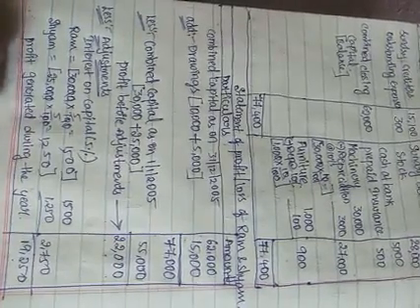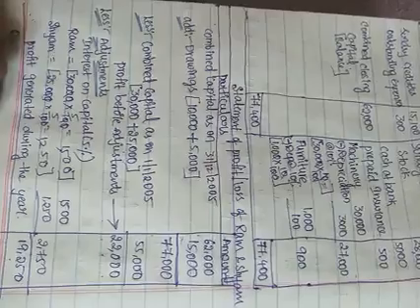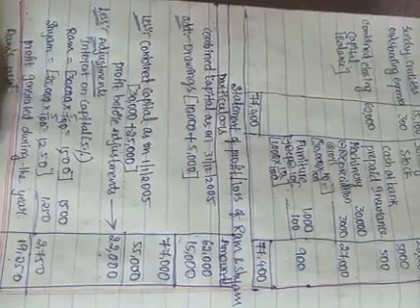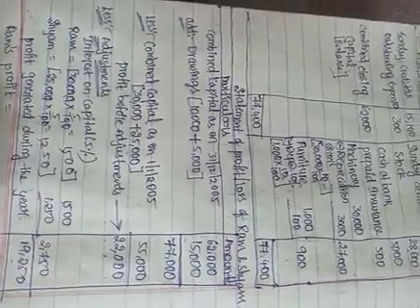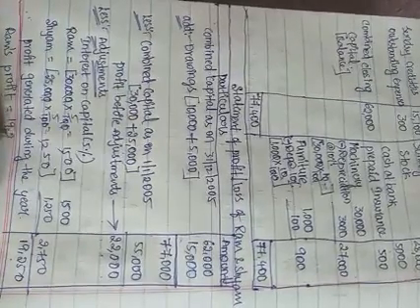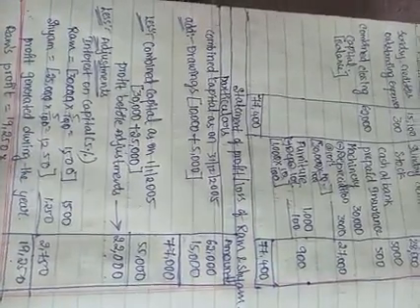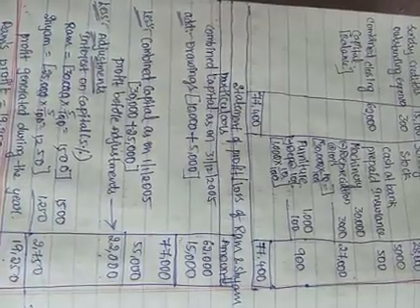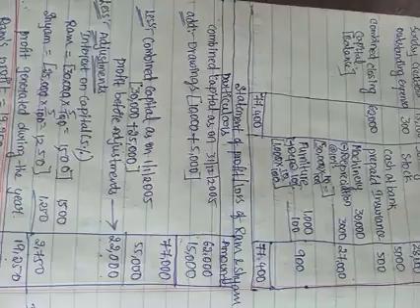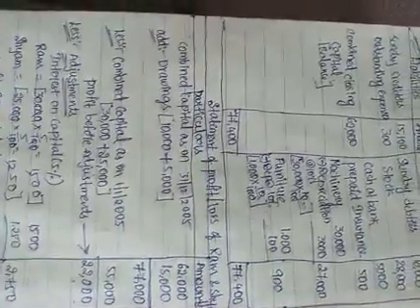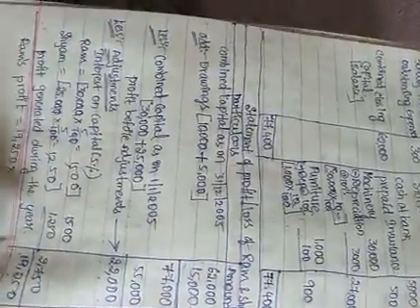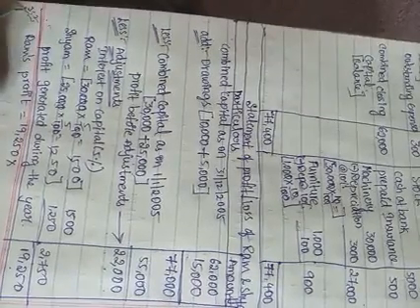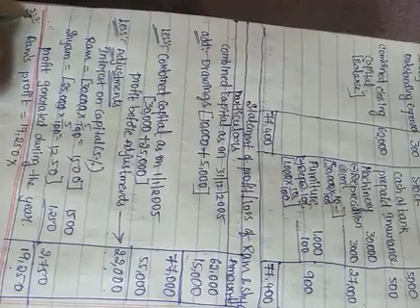So Ram's profit is 19,250 into 3:2. See here, 3:2 means individual ratio divided by total ratio.